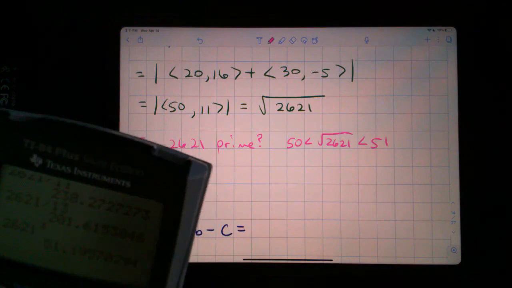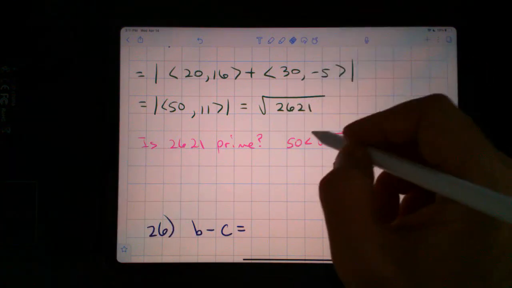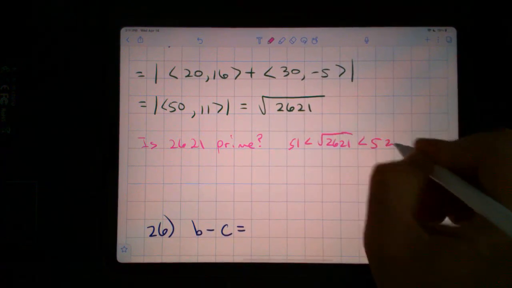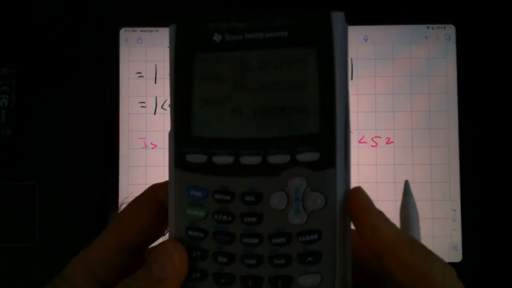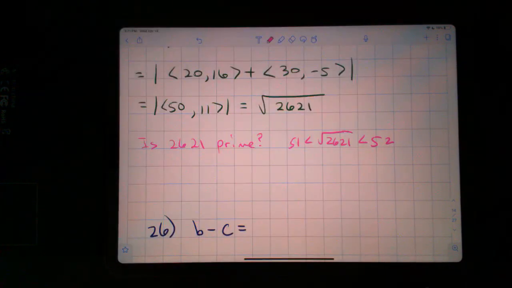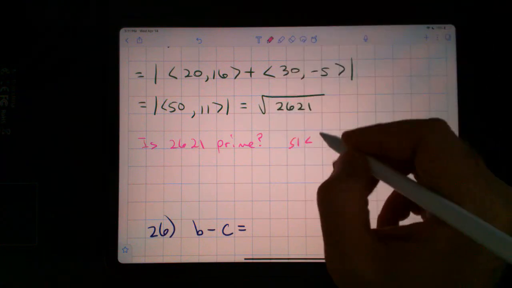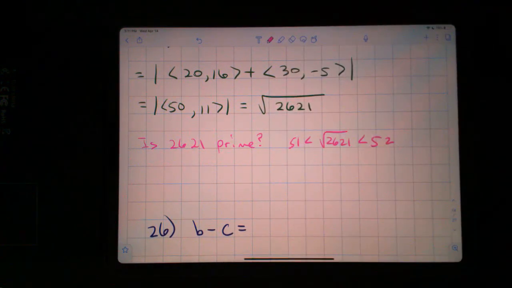So when I put it in the calculator, it is in between 51 and 52. So we need to test all of the prime factors up to 51.